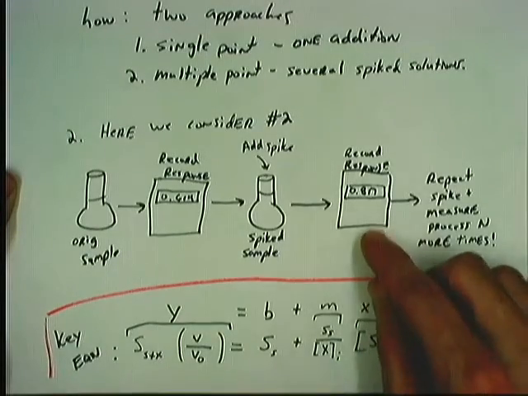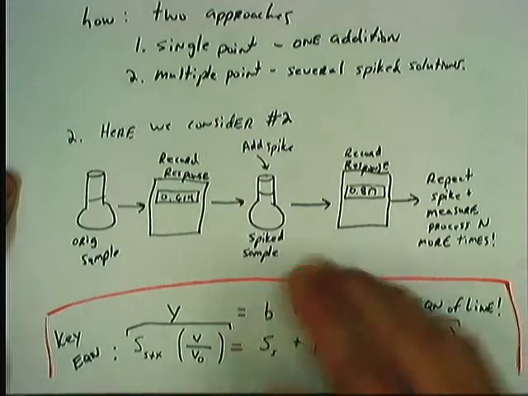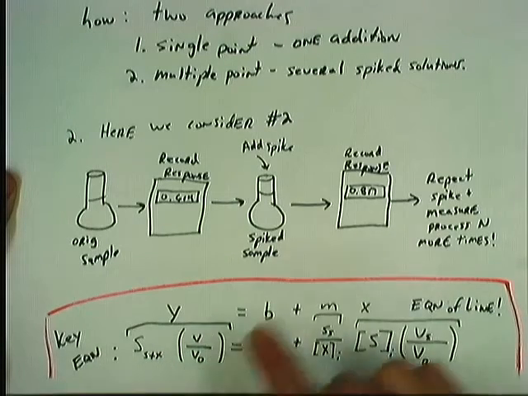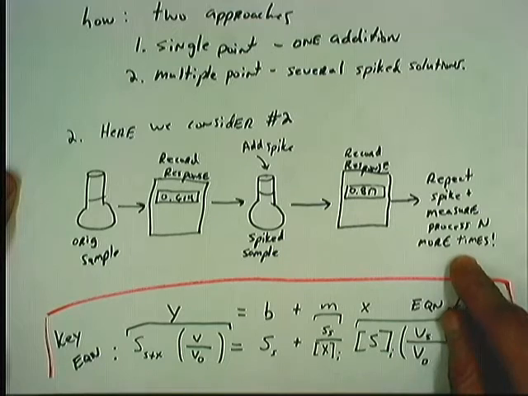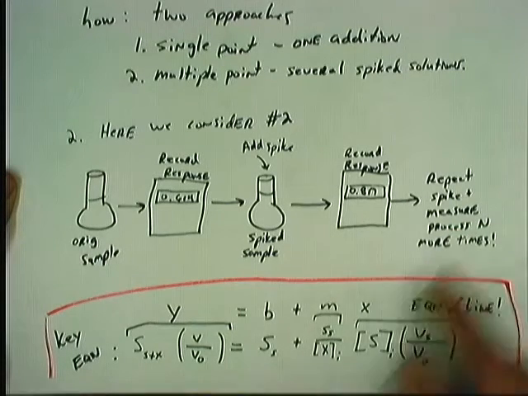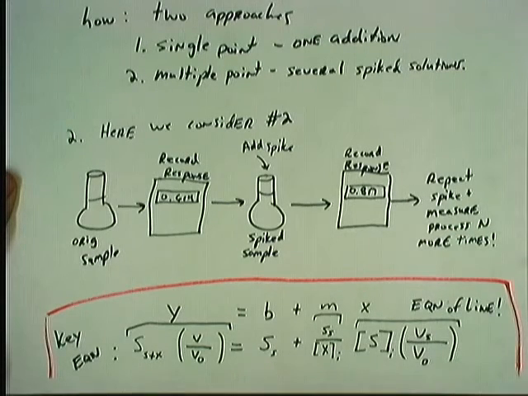Now what's different about this multiple point approach from what we talked about in the other video is after we do this process, we're simply going to do it more times. Okay? We're going to repeat the spike step and measure the detector response n more times. Maybe it's 2 more times, 3, 4, 5 more times.